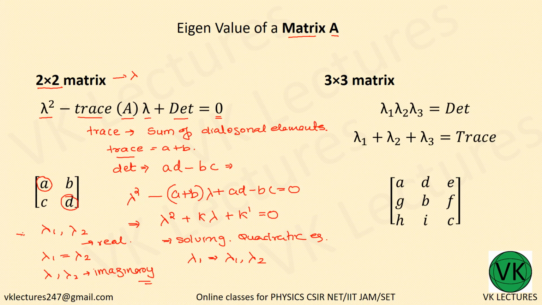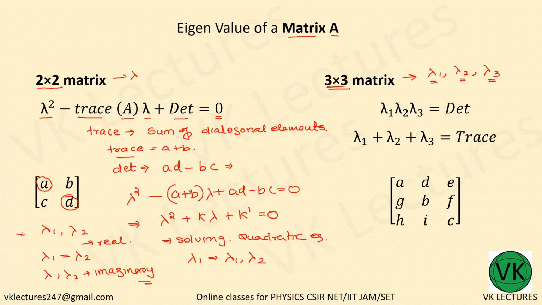Now for a 3 by 3 matrix, you will get 3 eigenvalues: lambda 1, lambda 2 and lambda 3. These are the eigenvalues of the matrix.